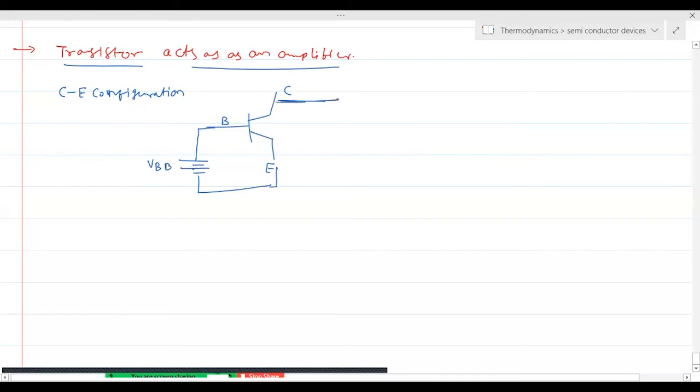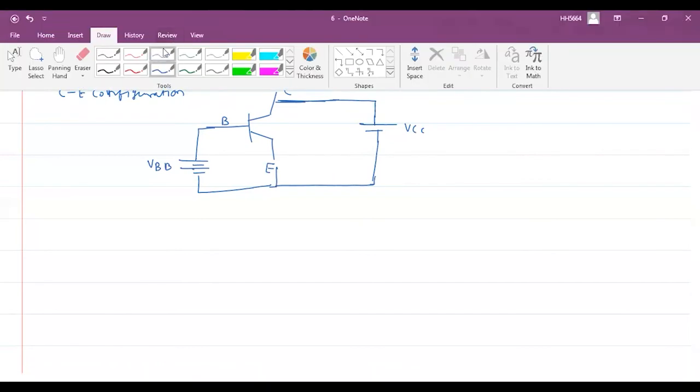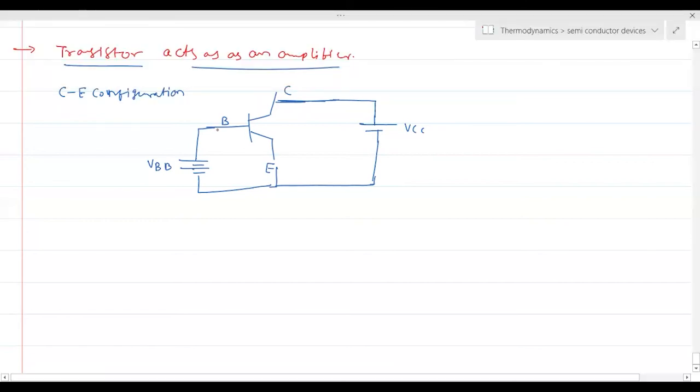Here this is the collector, and of course we have some resistor. To make the situation simpler, we are skipping the resistor. This is VCC, and this will be the simplest part of the circuit. Here you need to understand the input and output parameters.